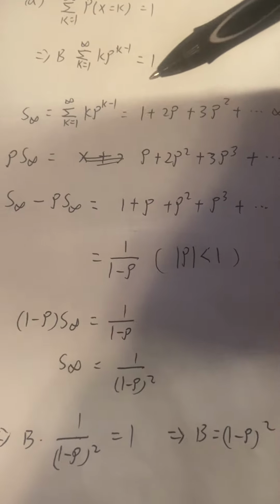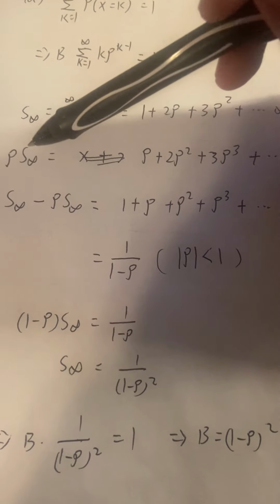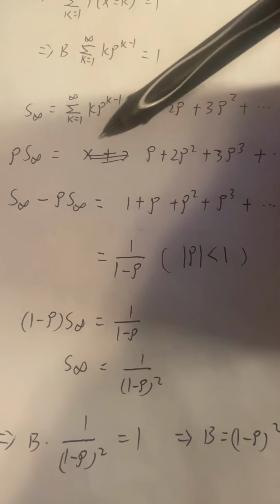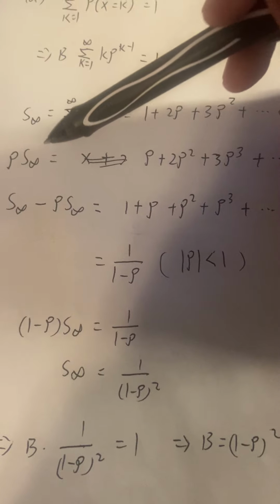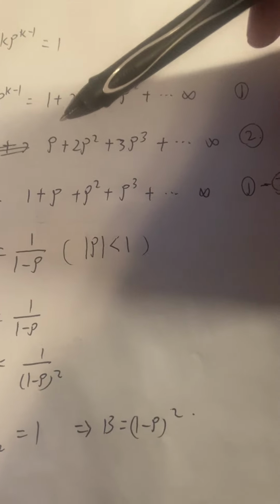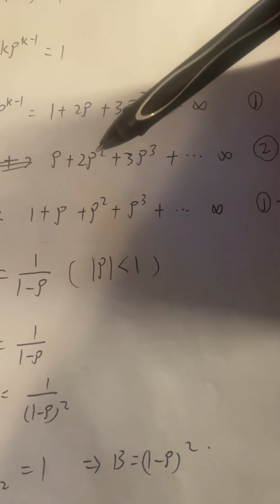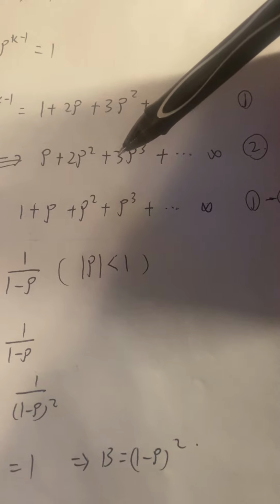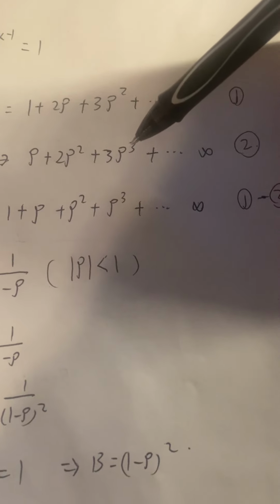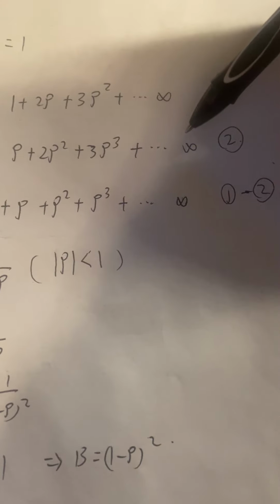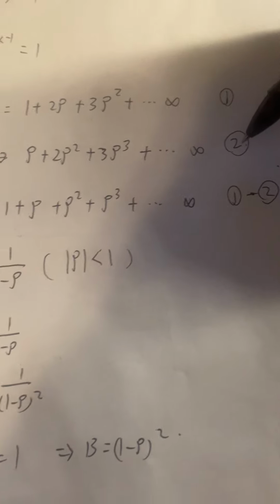And then we multiply by p on both sides. So the left side would be p times S infinity, and the right side would be p plus 2 times p squared plus 3 times p cubed and so on to infinity, and this is the second equation.